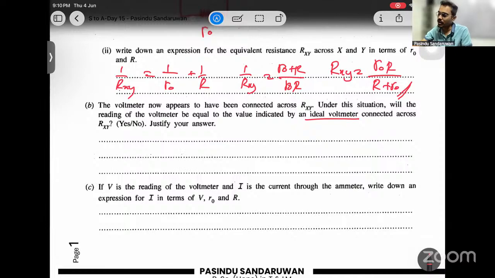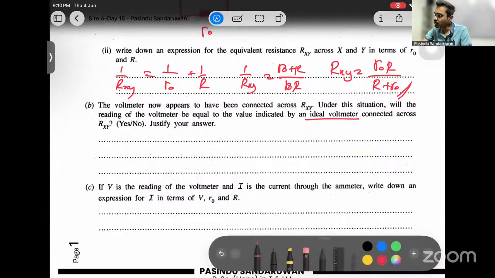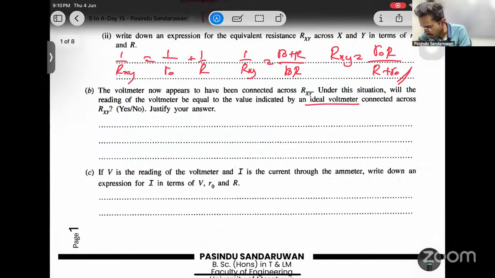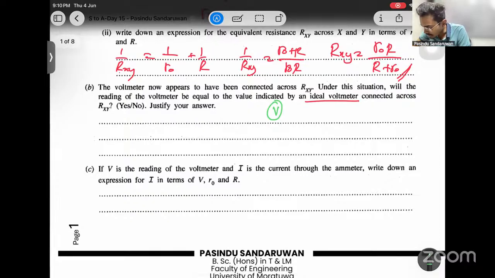Right. Now, first you have to know what an ideal voltmeter is. This is the explanation part, not the answer. In an ideal voltmeter, resistance is infinity.